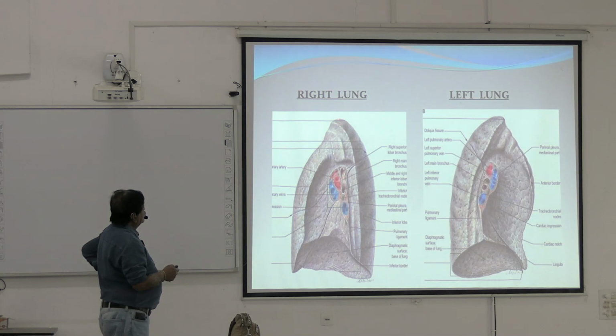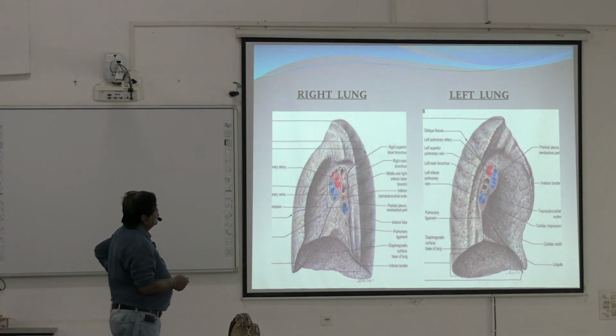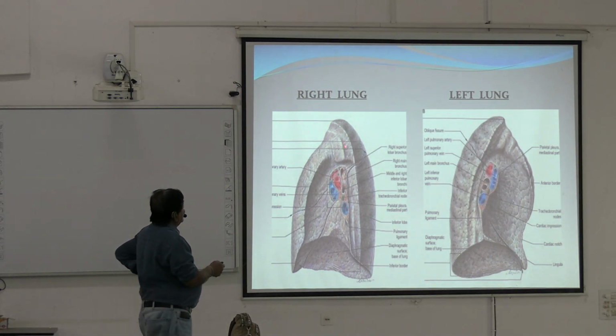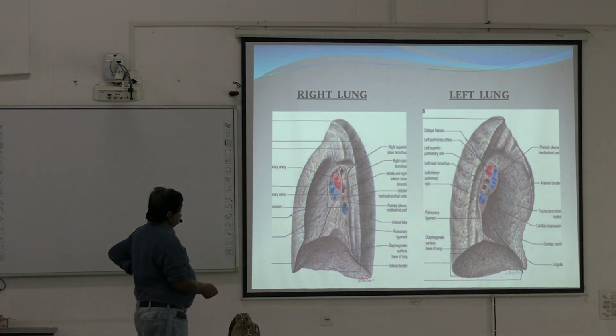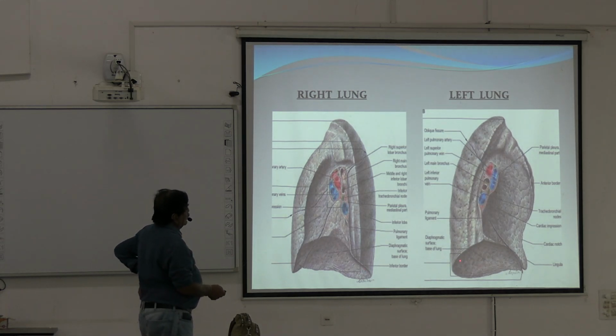Now, the right lung: you can see this is the medial surface. This is the hilum of the lung. And see, this is the posterior border, this is the anterior border, this is the base of the lung. Similarly, this is the left lung.